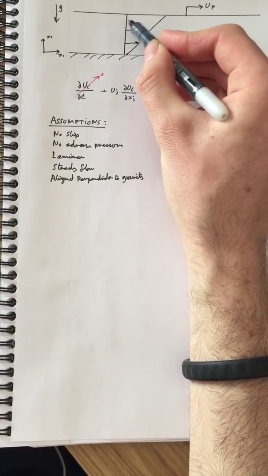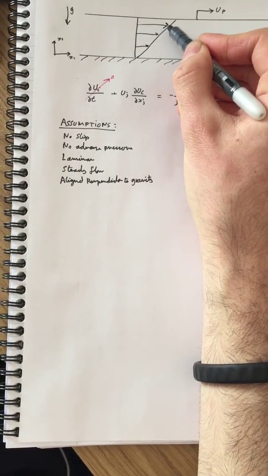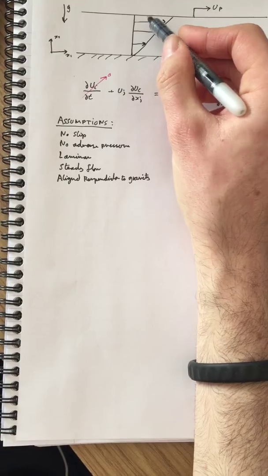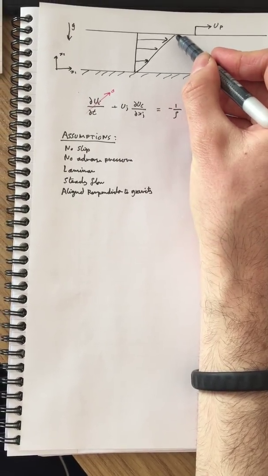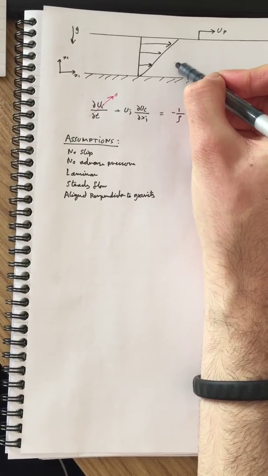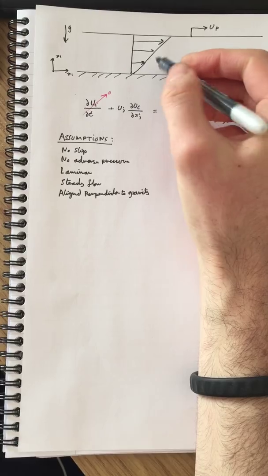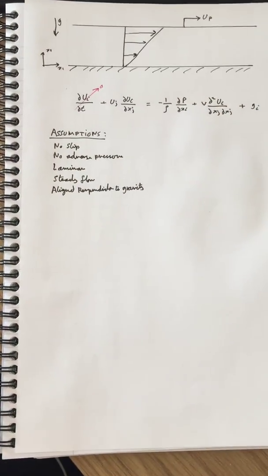Now we can estimate it to be like this, again from the no slip condition. Now, in reality, this flow could be a parabola, or it could be linear, or any other curves.